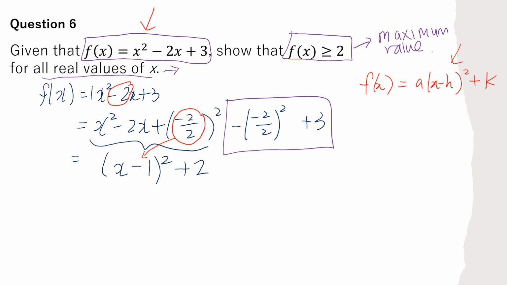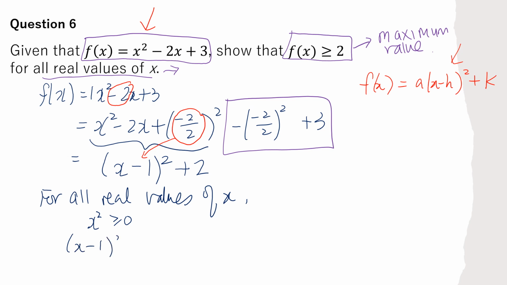So from the completed square form, we can start off by saying for all real values of x, x squared will always be non-negative. So (x minus 1) squared will also always be non-negative. And if we add a 2 to the inequality, right, this is what you get.